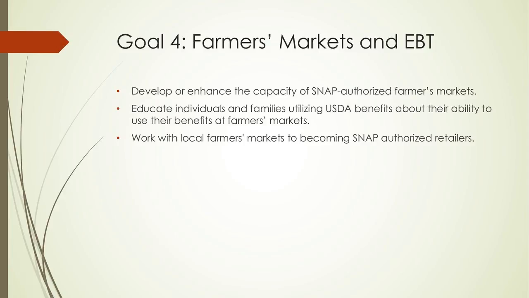To develop or enhance the capacity of SNAP authorized farmers markets, to educate individuals and families utilizing USDA benefits about their ability to use their benefits at farmers markets, and to work with local farmers markets to become SNAP authorized retailers.